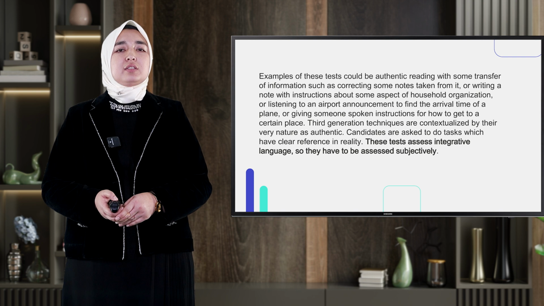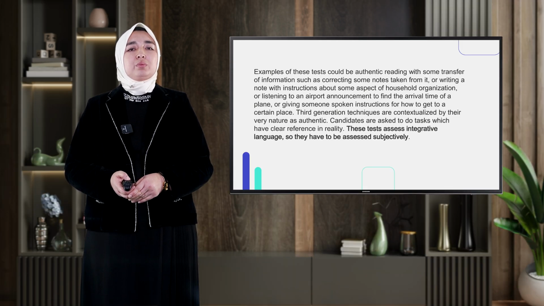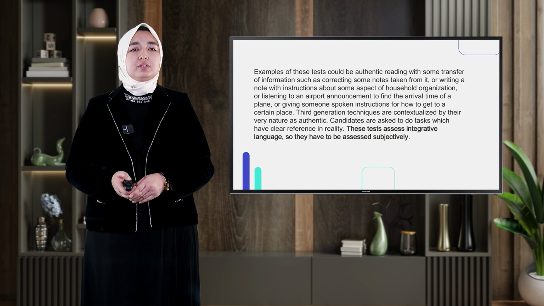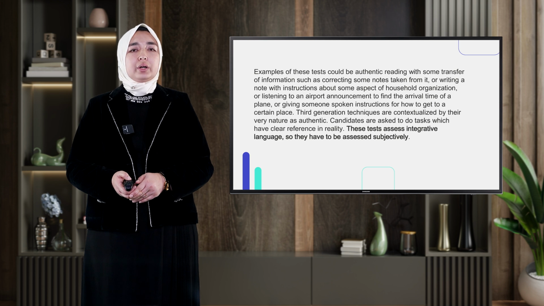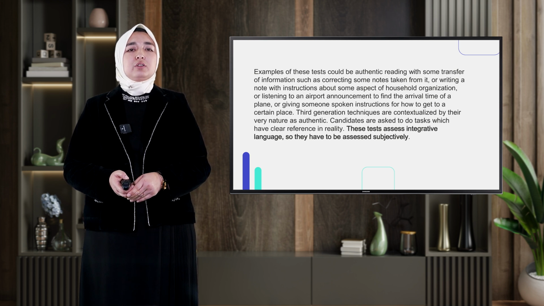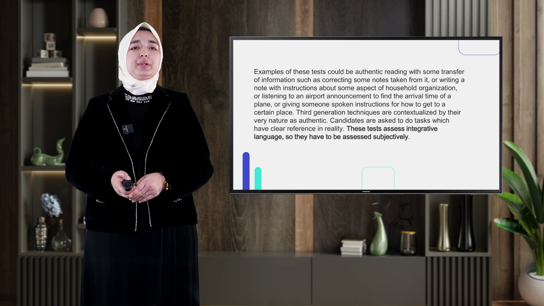Examples of these tests could be authentic reading with some transfer of information, such as correcting some notes taken from it, or writing a note with instructions about some aspect of household organization, or listening to an airport announcement to find the arrival time of a plane, or giving someone spoken instructions for how to get to a certain place.